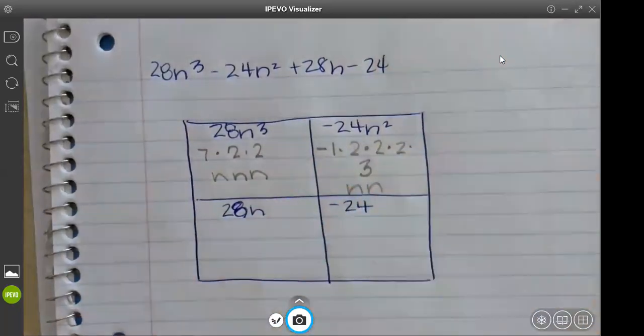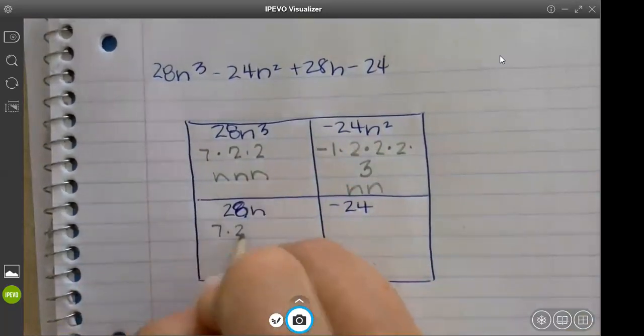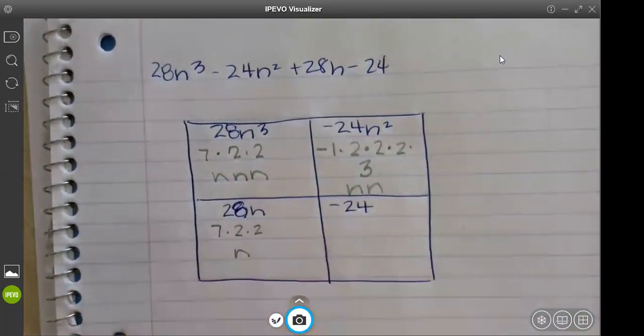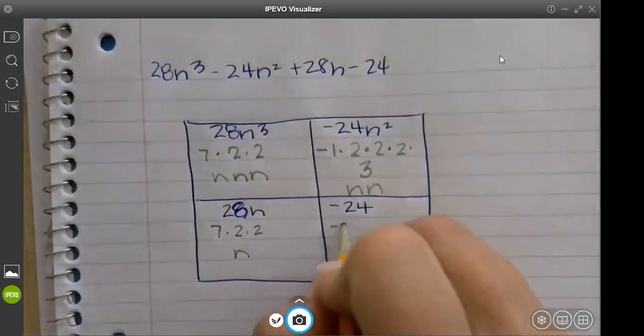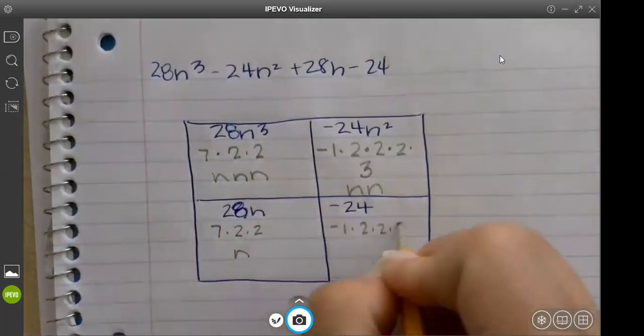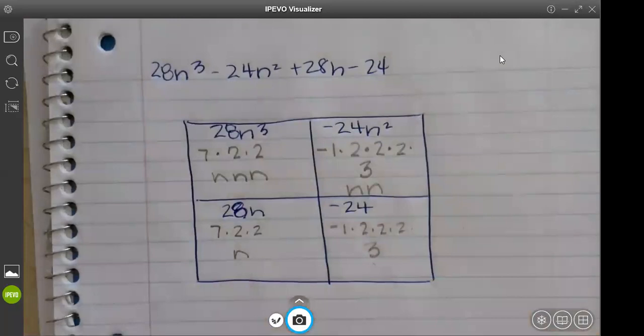And we have 2 n's. We already did 28. It was 7, 2, and 2, but this one only has 1 n. And then we already did negative 24. Was negative 1. And don't forget the 3 that I wrote at the bottom.